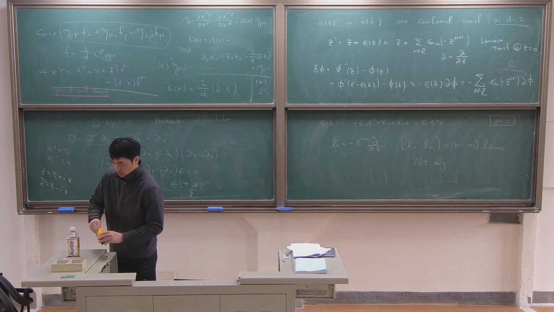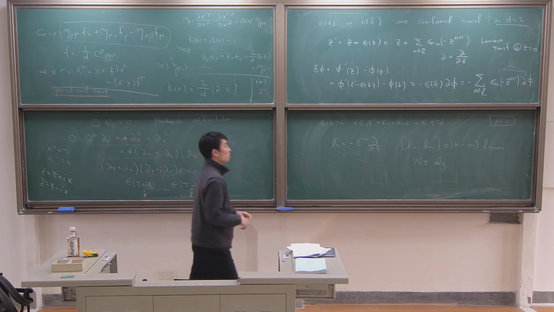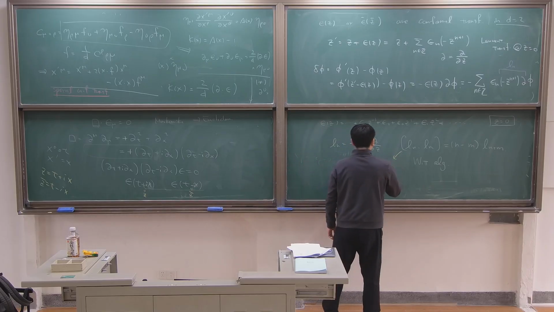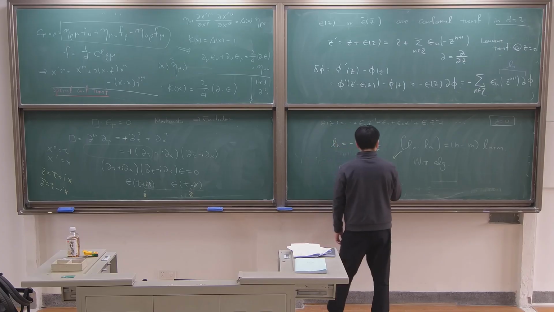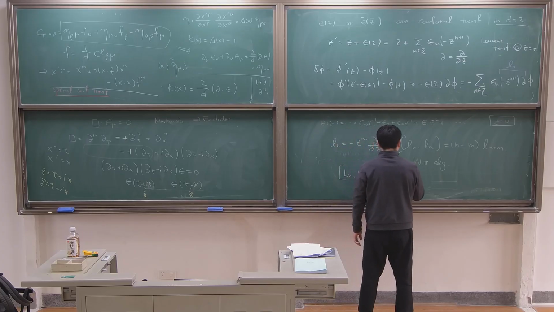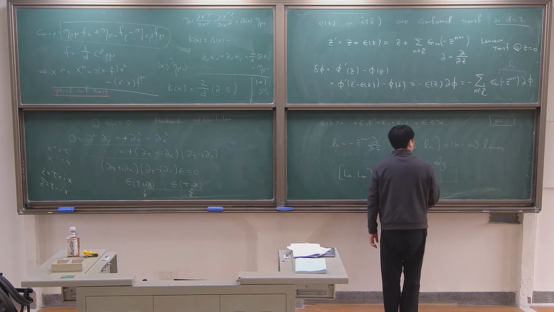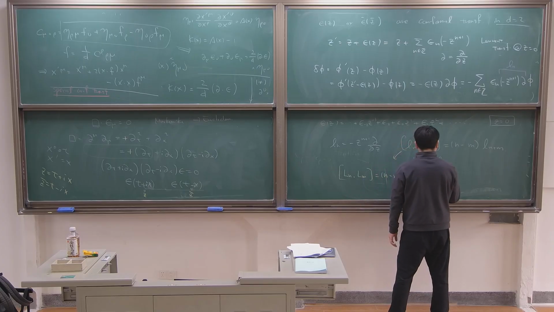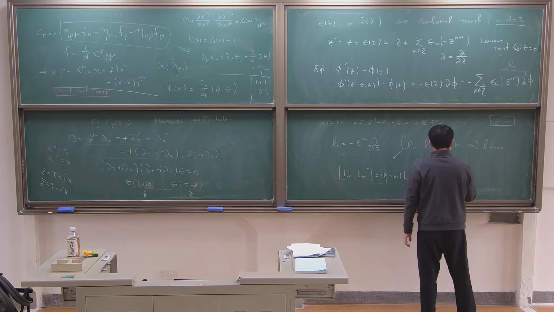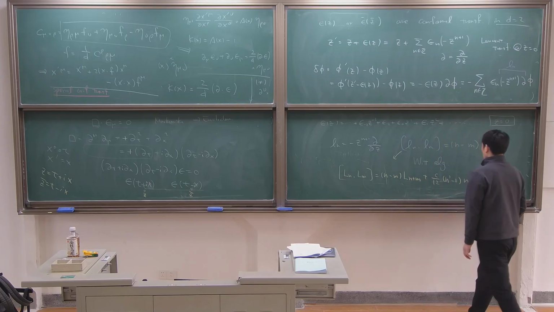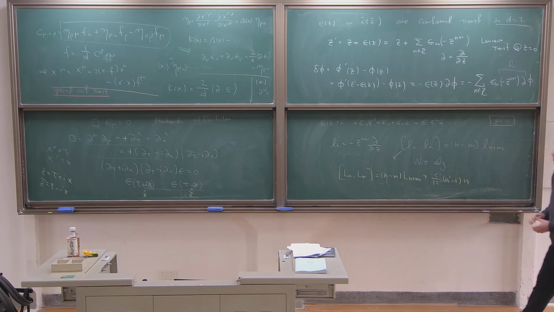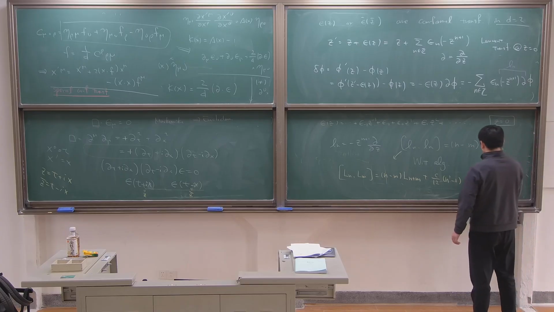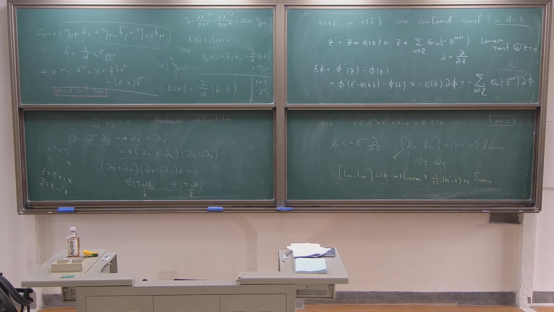So as many of you expect, this will give you [L_m, L_n] equals (m minus n) L_{m+n} plus c over 12 times (m cubed minus m) delta_{m+n,0}. Or, I mean, it depends, I don't know how you write it. Anyway, it's a correct equation.